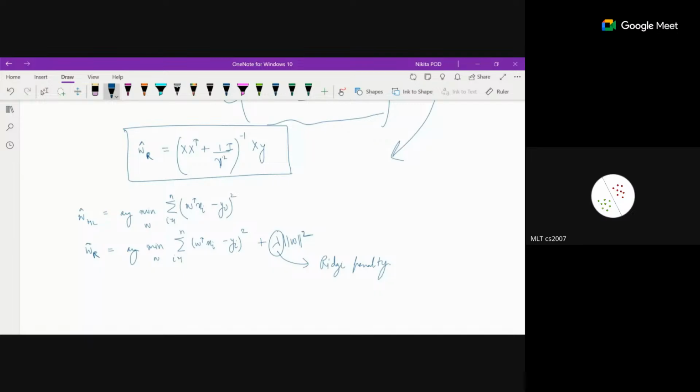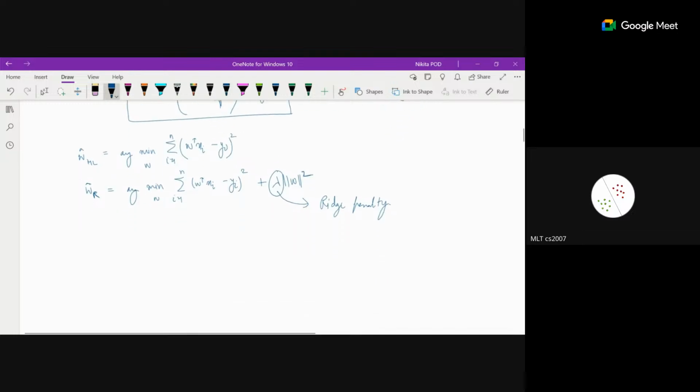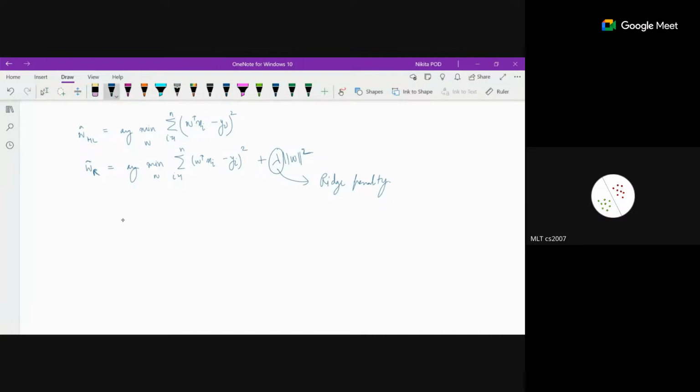So when we saw it geometrically, how this ridge regression solution and W hat ML look like, what we saw is that your W hat ridge was on a circle.